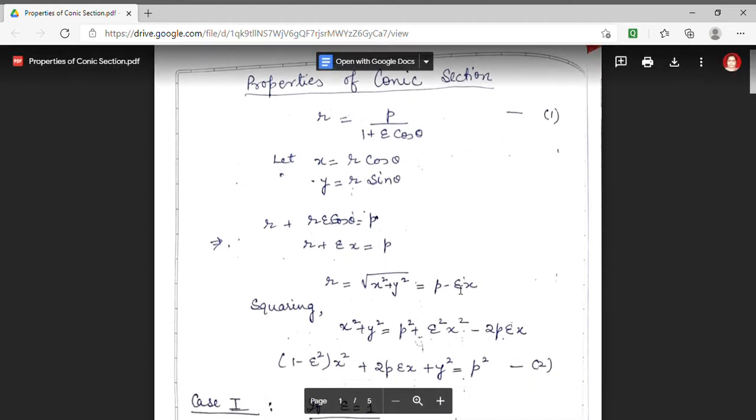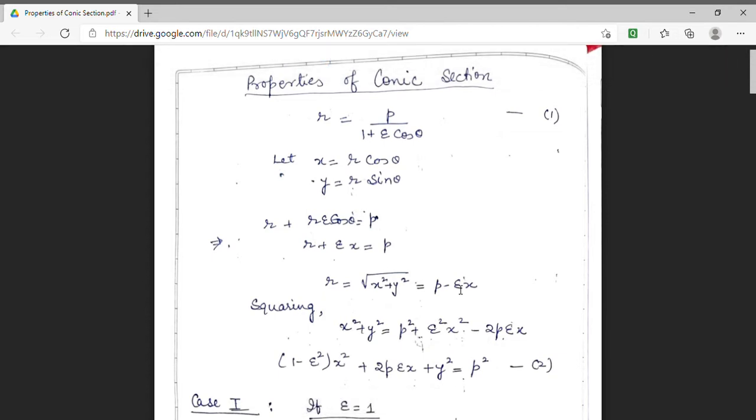Now I am expressing in terms of x and y. From these two expressions, r is under root x square plus y square. So squaring, I get x square plus y square equal to p square plus epsilon square x square minus 2p epsilon x. Now I am collecting the terms which have a factor x square.